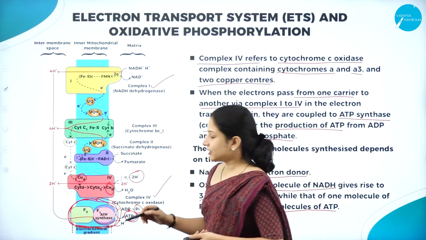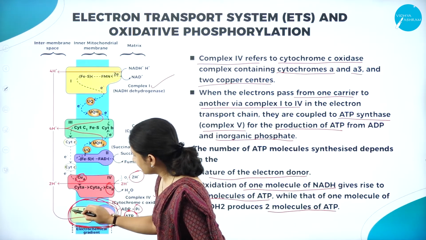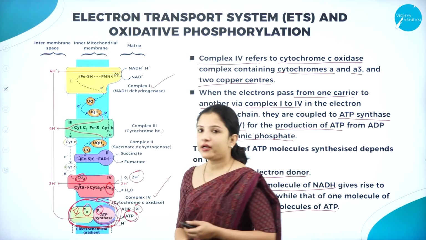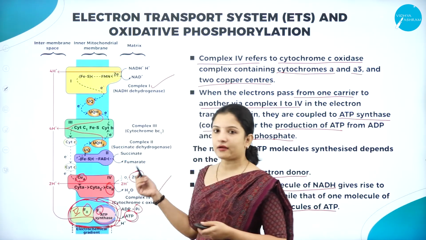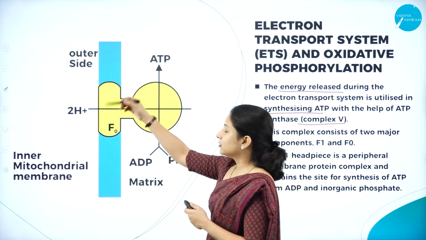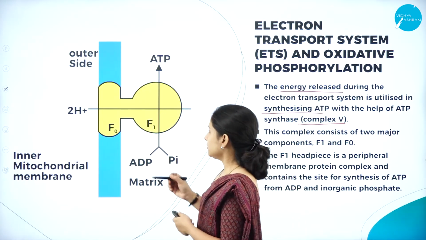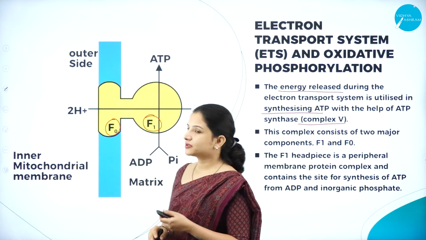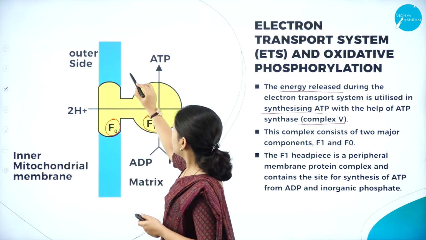In this particular slide we see complex 5. It is made up of two important components, the F0 and F1 components. The same thing is shown here in a bigger manner. Here the F0 complex is present and the F1 complex is present, which together make up complex 5.